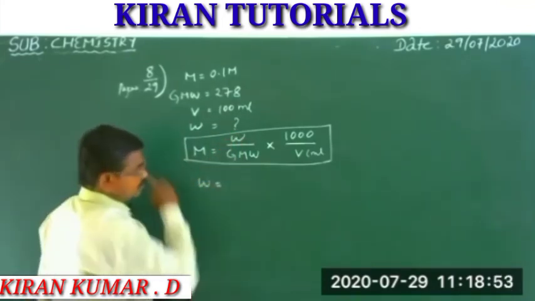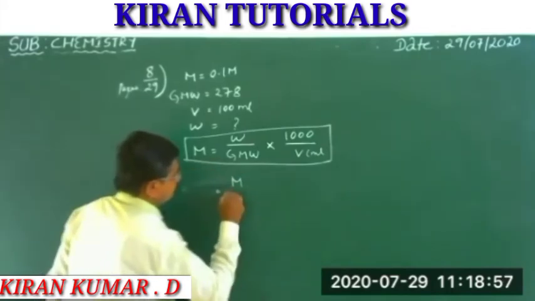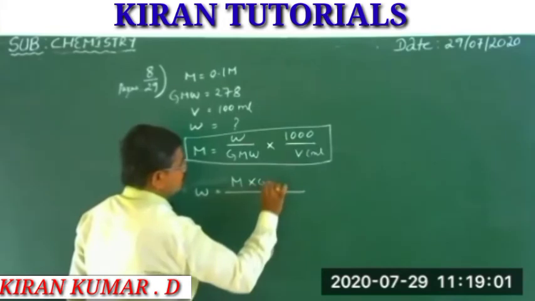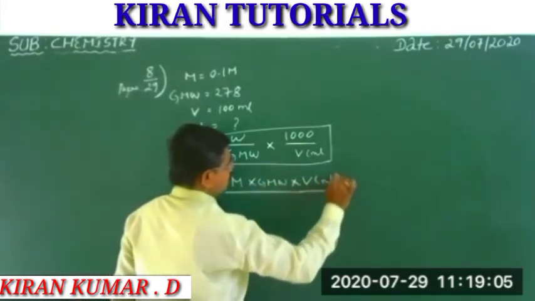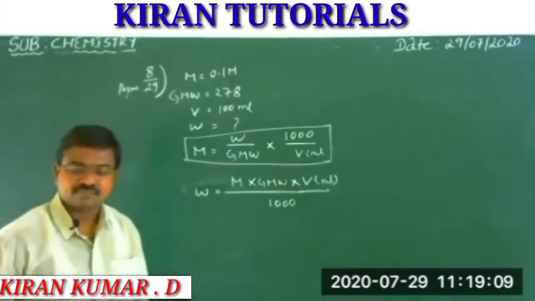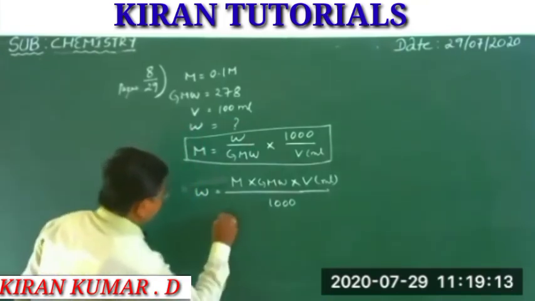W is equal to molarity into gram molecular weight into V in ml by 1000. Clear?